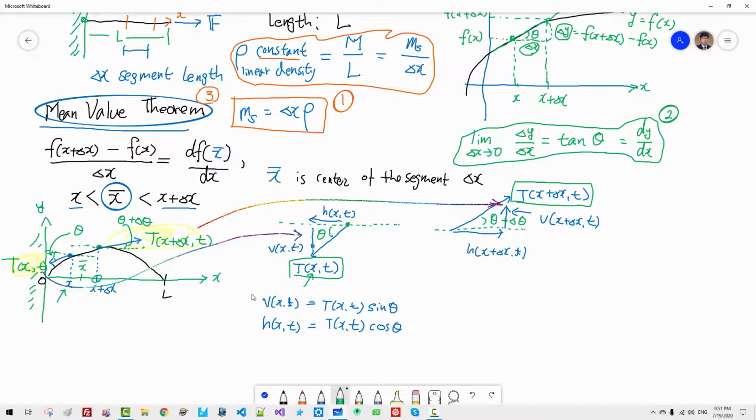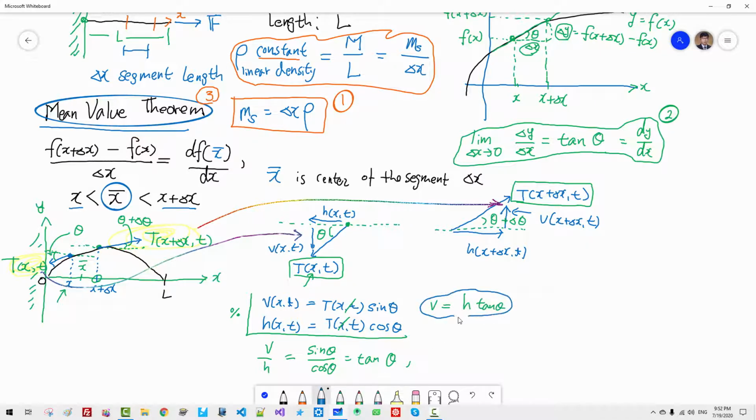Now we divide term by term like this. Then V over H equals T cancels out, sine theta over cosine theta equals tangent theta. So V equals H tangent theta.